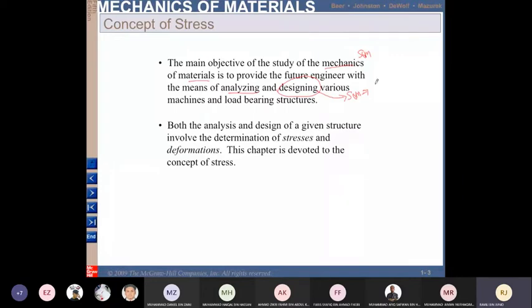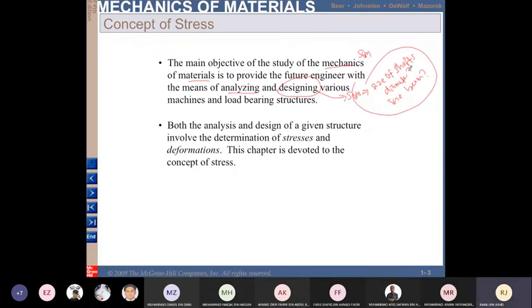But this design means you have to calculate and determine the size of, for example, a shaft, the diameter of the shaft, the size of the beam. So that is the meaning of design in this subject. You have to do calculation and find the size of these things.